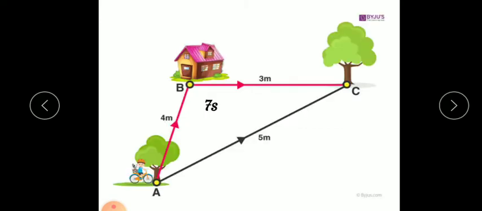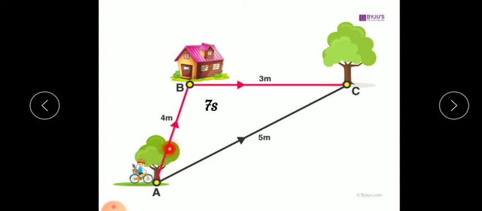Coming back to our same example, a child is standing at the point A and he wants to reach the point C. He took the path through B. The distance from A to B is 4 meter and distance from B to C is 3 meter.